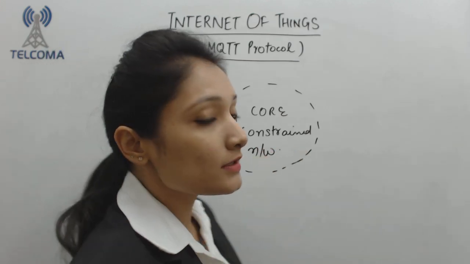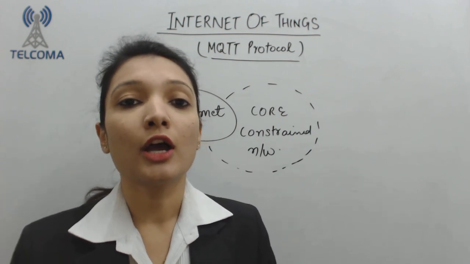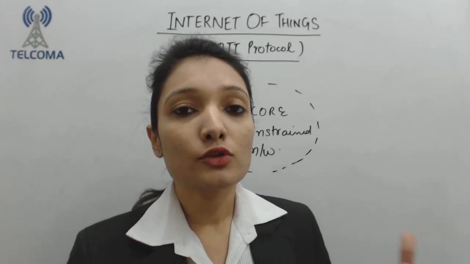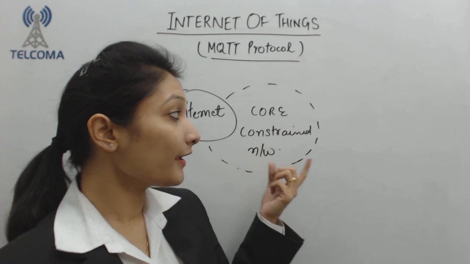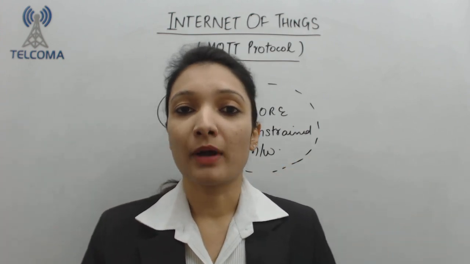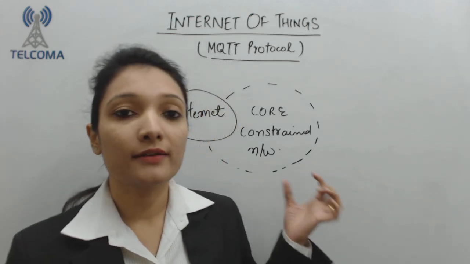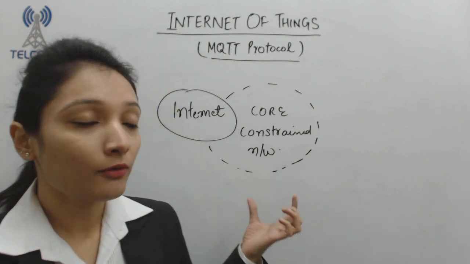That means it consists of various small devices which have lower throughput and lower power requirements. Although the existing web infrastructure can support the IoT, the protocols used there are quite heavy for these smaller devices. That's why we are using lighter versions of protocols.